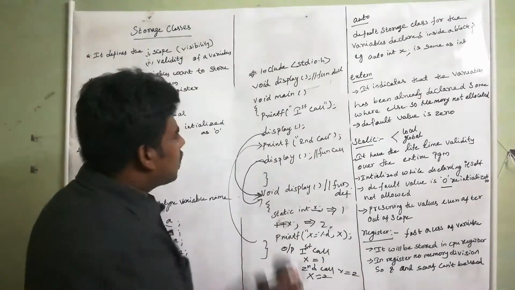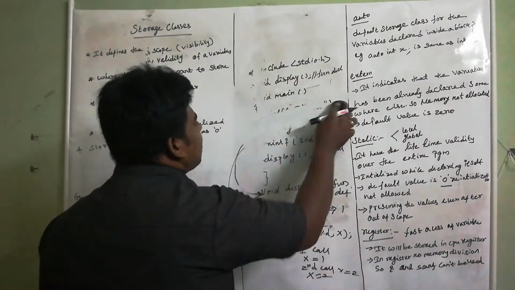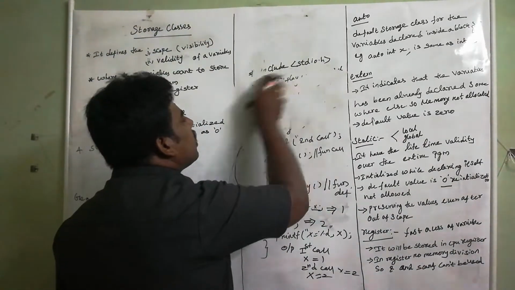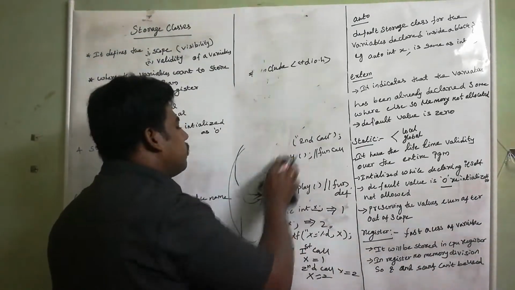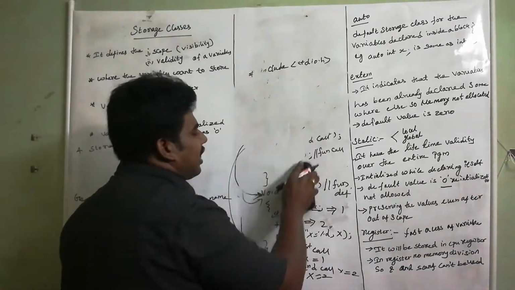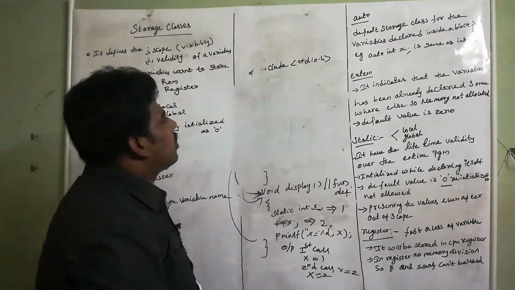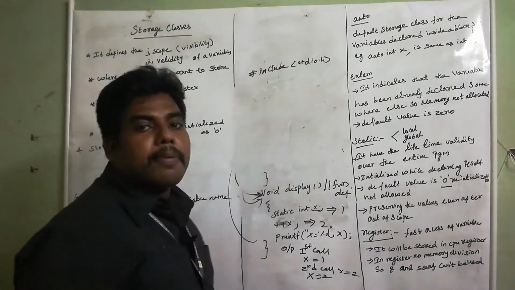The last storage class is register. What is register? I already told, register is a memory location which is present inside the CPU, that is the processor, in the memory hierarchy.